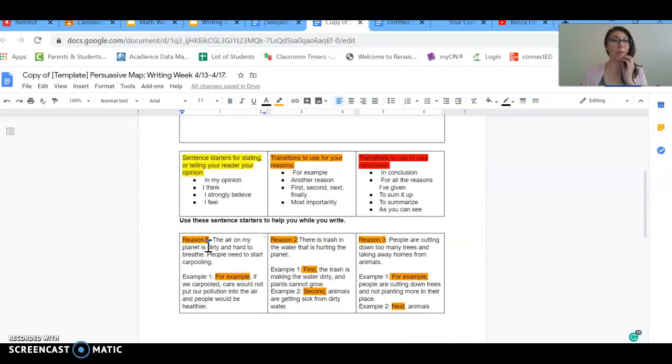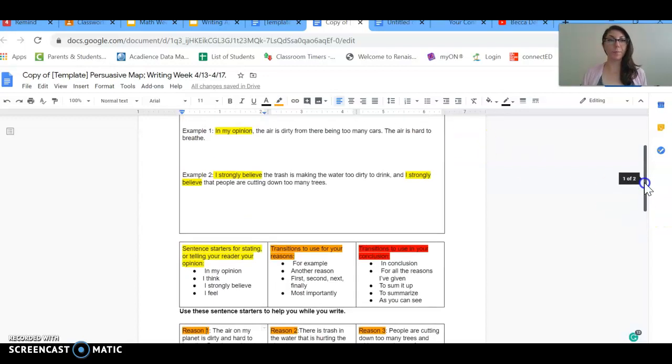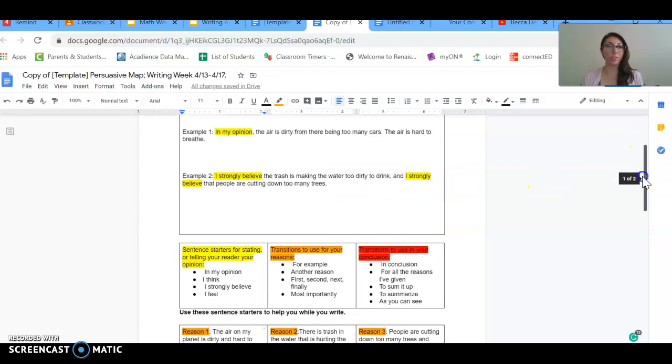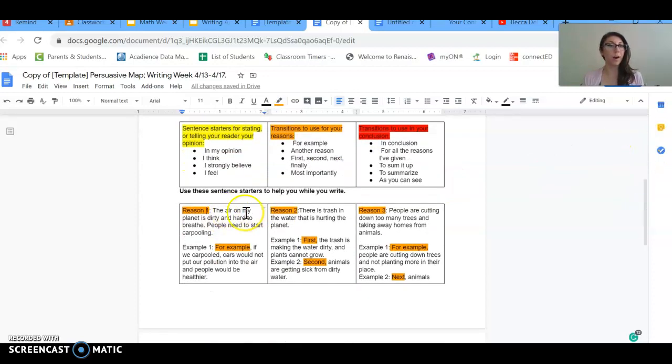Okay, so the first reason that you said, the first example that you gave your readers about what people are doing that's hurting the planet, is people are making the air dirty from too many cars. So the air on my planet is dirty and hard to breathe.